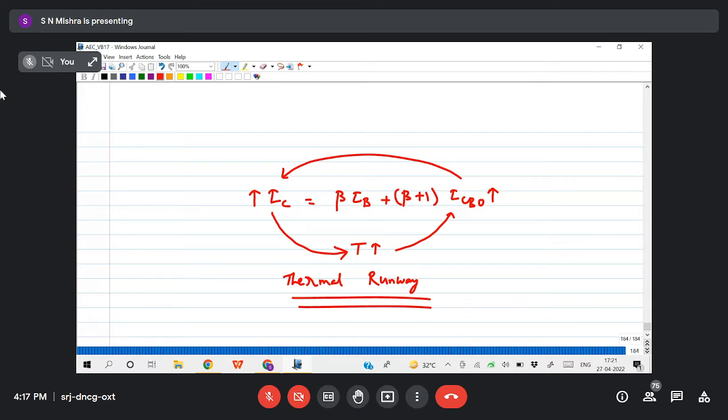So what should we do so that this chain will break? If I break this chain here, then even if temperature increases, the increase in leakage current will not affect my IC. So that thing you have to think.